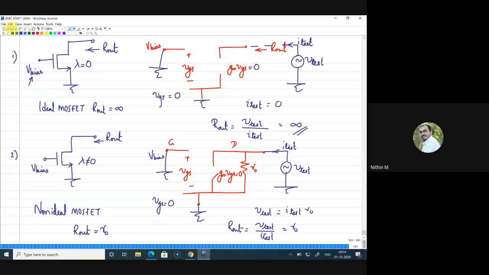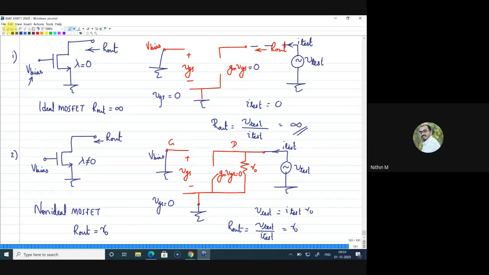Right. Now this procedure can be used for any MOSFET circuit to find the output resistance. So we will look at a few more examples. Before looking at other circuits, we will look at a few more examples, and with those we will get practice with how output resistance is calculated, and then we will go to other circuits.